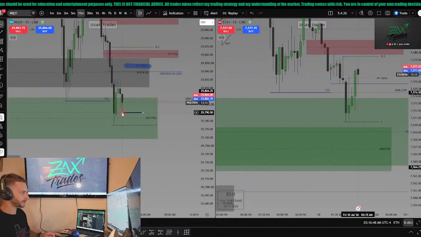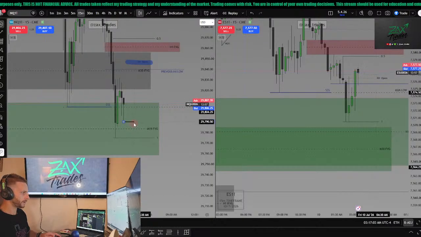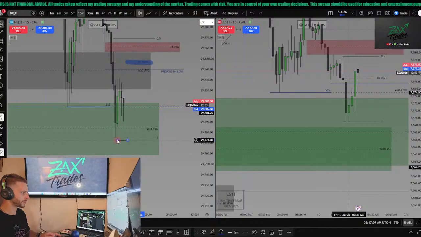If that's just a 15 minutes low wick and it starts to buy back up, then you should be okay. But if it starts putting in a lower low, lower and lower, like that 15 keeps expanding, then more than likely it's going to want to come sweep this.